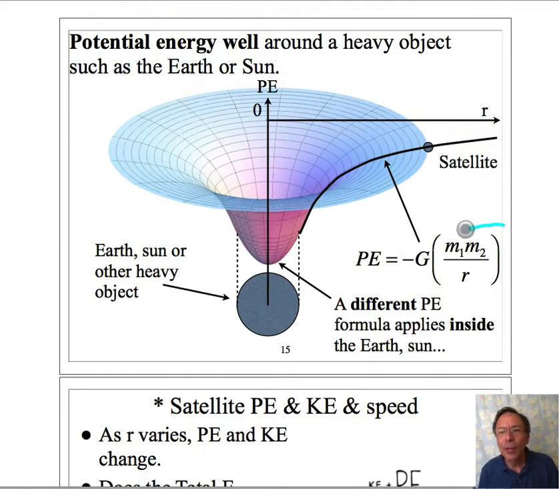When you graph this, you don't graph r becoming negative, right? There's no such thing as a negative radial distance. So yes, this is a hyperbola, but you don't have the other half of the hyperbola over here. That part's gone. So it's half of a hyperbola.